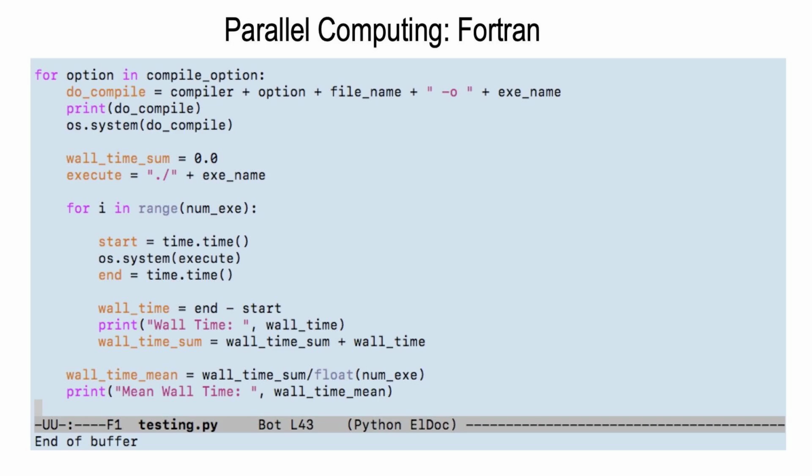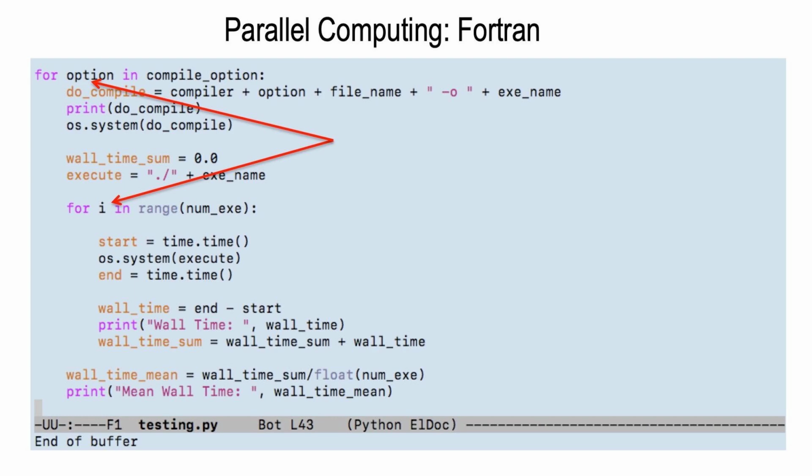As we scroll down the Python script, we encounter the Python loop. This for loop is nested, iterating over the variables option and I. The I loop operates similarly to Fortran's do loops, incrementing I from 0 to 2.